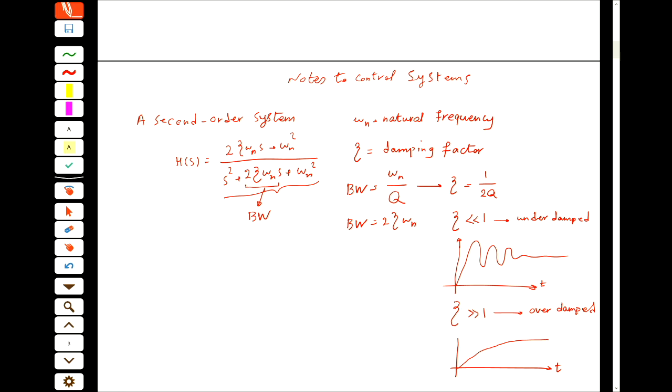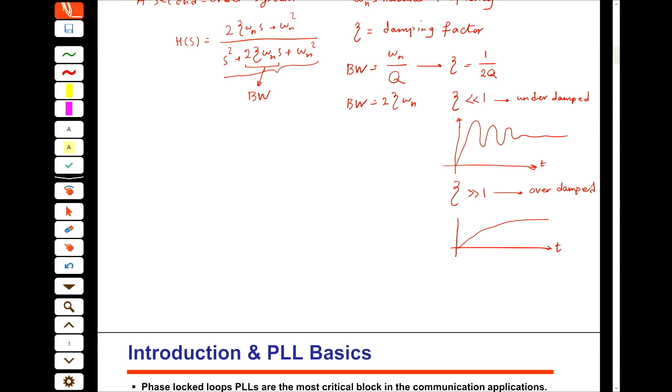And then we have an optimum zeta. What's the optimum zeta in a second order control system? 0.77.